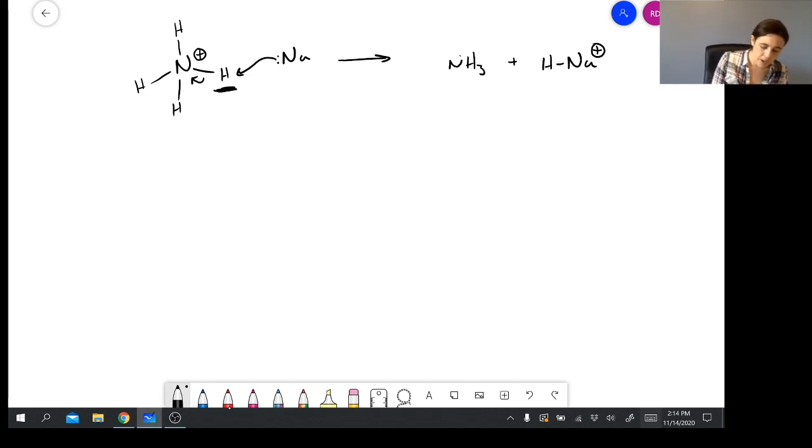So we've drawn an arrow from the nucleophile, or what would be a base, to the proton. We've broken the nitrogen-hydrogen bond to form ammonia and our protonated nucleophile. Okay?